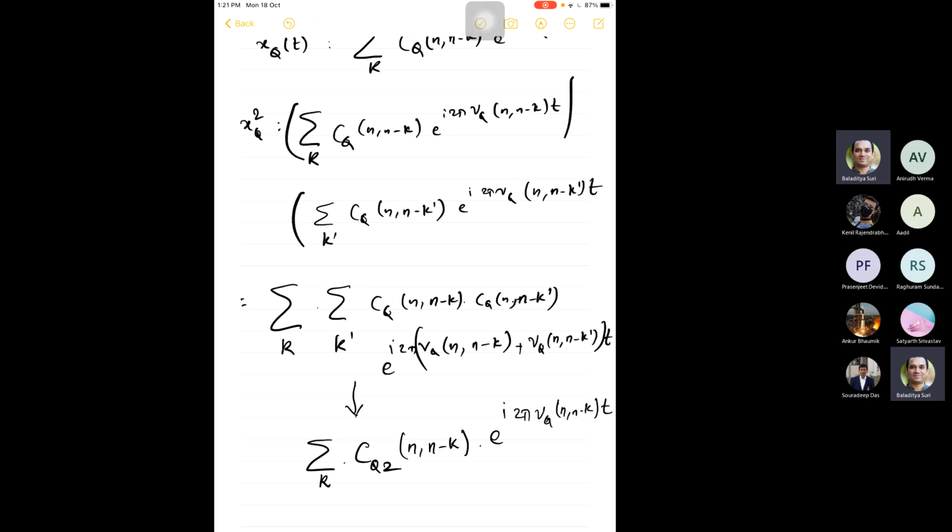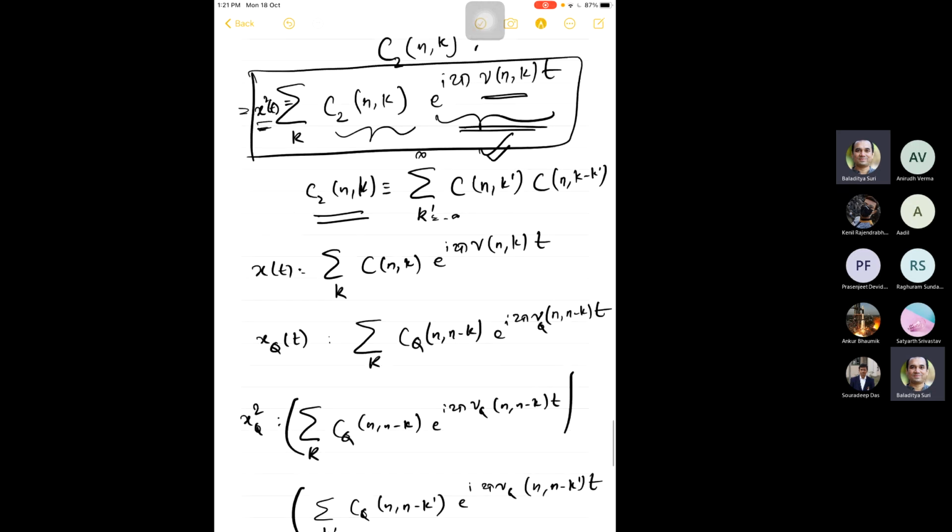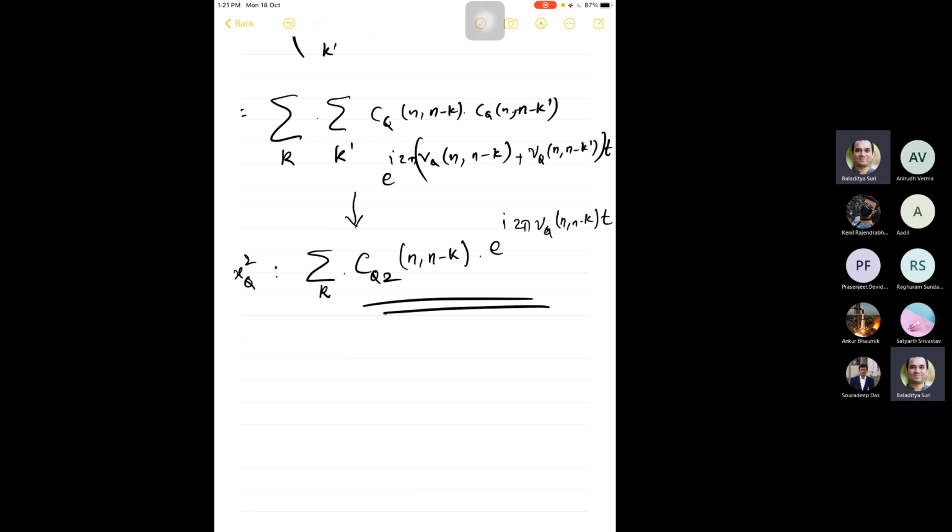Is there any objection to this particular form? So x_q squared should have a Fourier series which looks like this, so that it looks exactly like this formula. Is there any objection to that requirement? I hope that is clear, the reasoning.